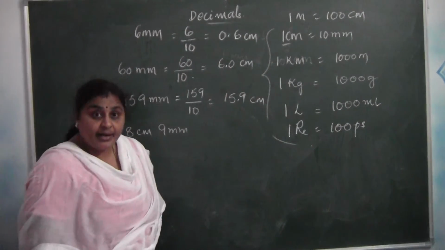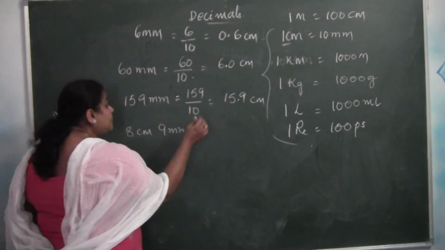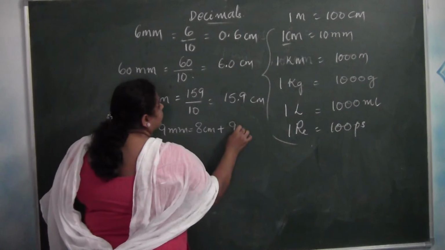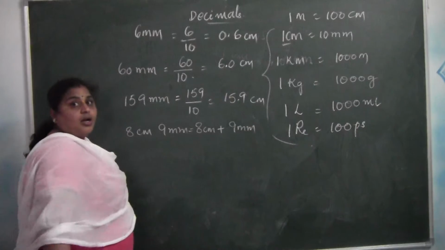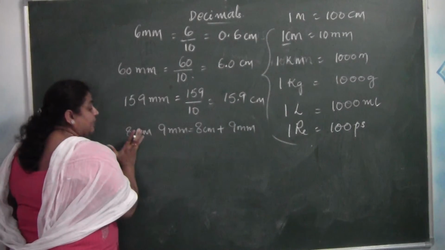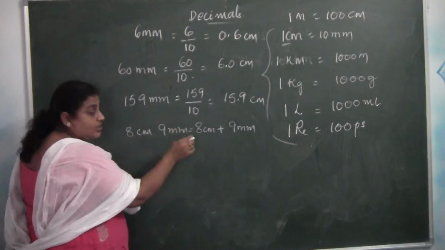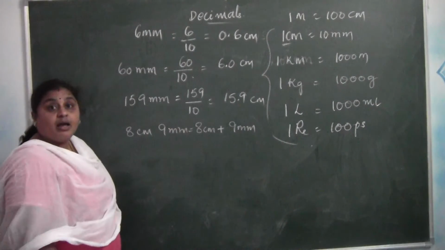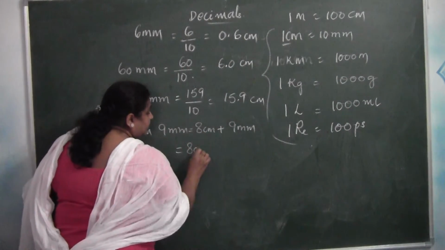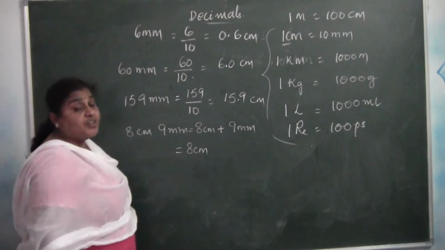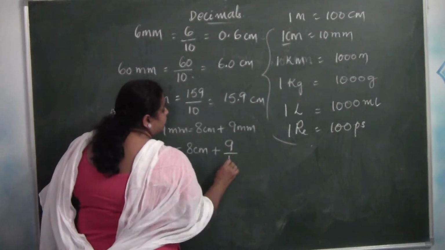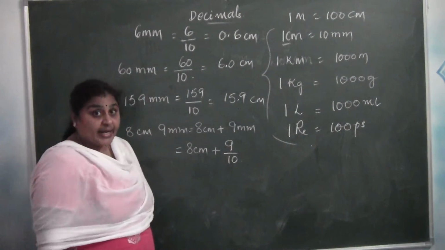Okay. Next we have 8 centimeters and 9 millimeters. So how do we write this, children? 8 centimeters plus 9 millimeters. So you are joining these two units, that is centimeters and millimeters, using the addition symbol. Already 8 is in centimeters itself, so no need to convert. Plus 9 by 10. Why?